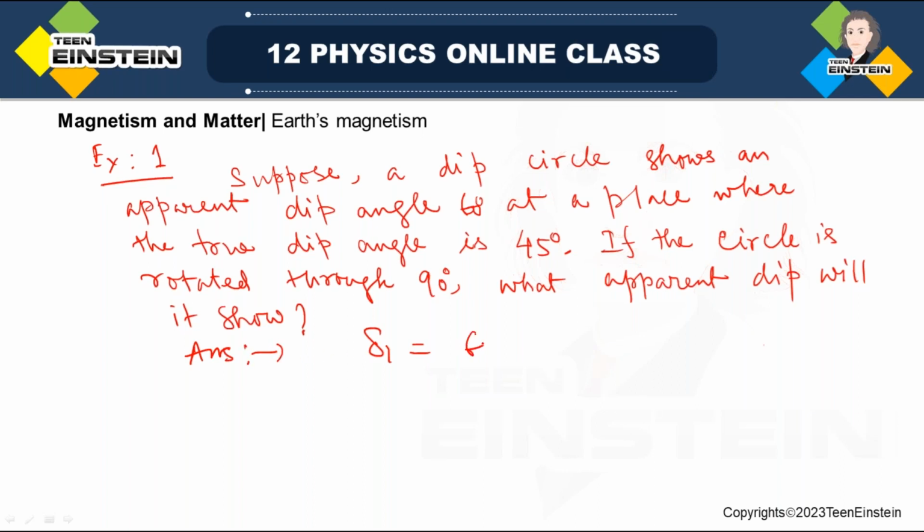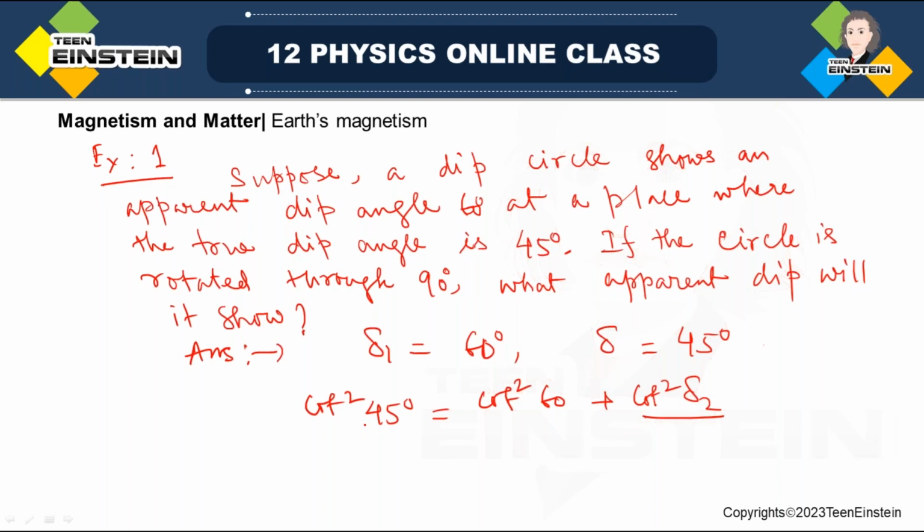We know delta 1 is 60 and the true delta is 45. From this formula we can directly find cot square 60 plus cot square delta 2. This we have to find out.